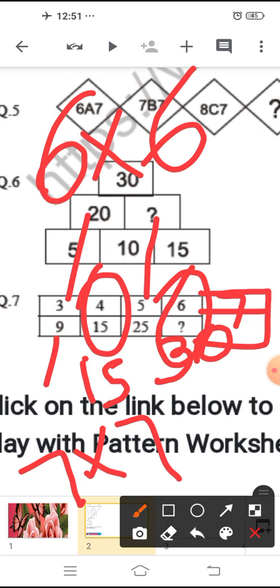Okay, but if the next number is given to you, that is 7, that will give you multiplication of 2 times, that is 7 sevens are 49. But they have taken the first and second number, multiplied with each other. For example, 4 into 3, that gives you 15, or 6 into 5, that will give you 30.